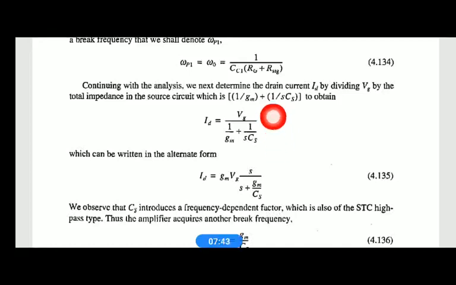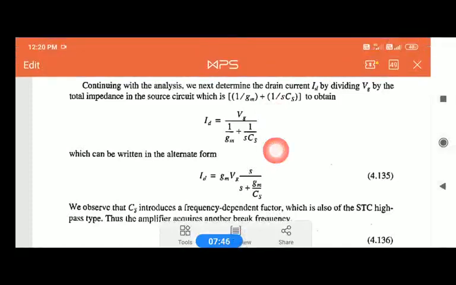In the numerator you will get Gm s, and in the denominator the Gm in Gm s cancels, so you will get s here. Then here we have Gm s divided by sCs, so s gets cancelled and you will get Gm by Cs here.